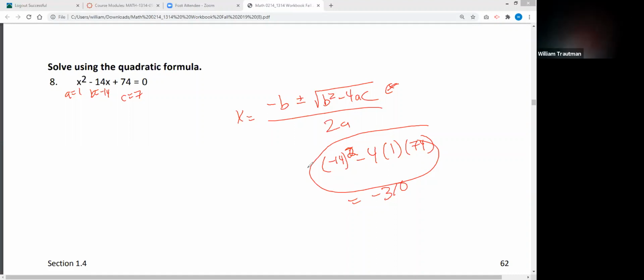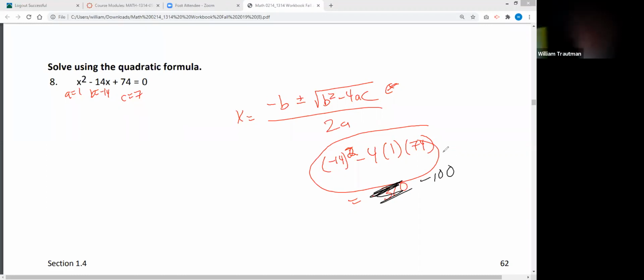Let's try that again. Parentheses negative 14 squared minus 4 times 1 times 74. Oh, I got negative 100 also. I must have typed something in wrong. You're right. So we get negative 100.